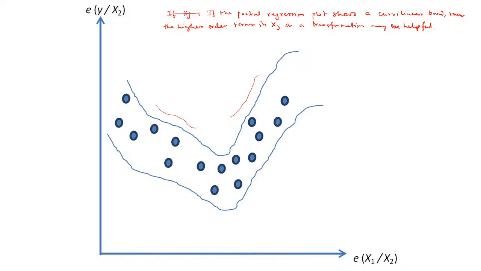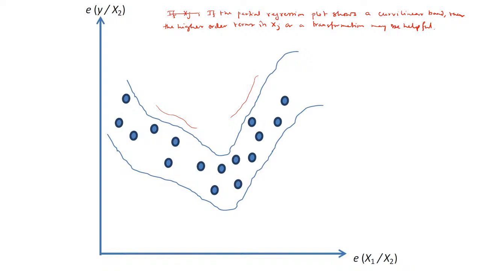So in that case the simple solution is to use either x1 or x2. No need for both, because if you use x1, the information of x2 is already present in x1, because they are correlated. So we will discuss it later.